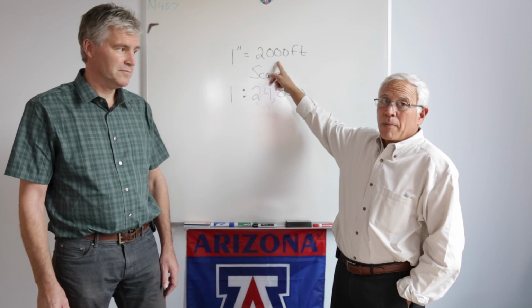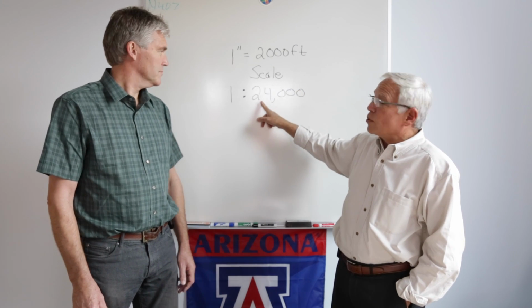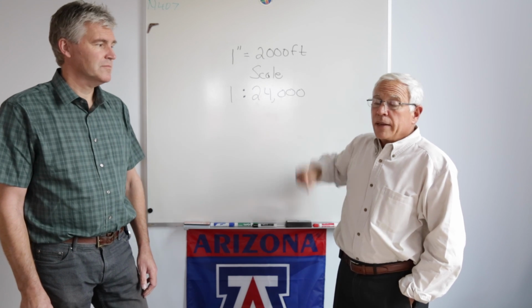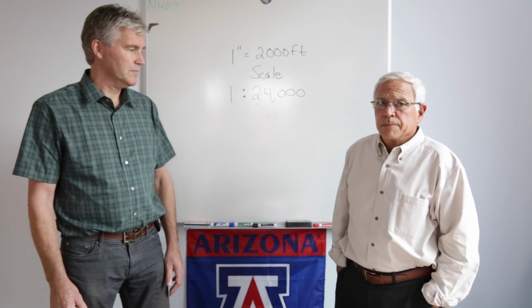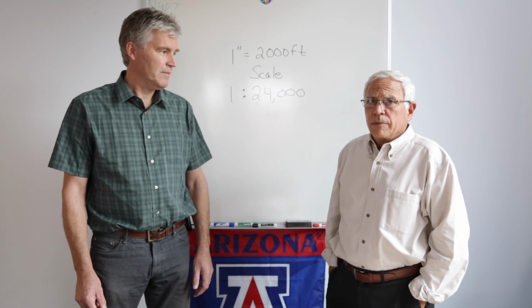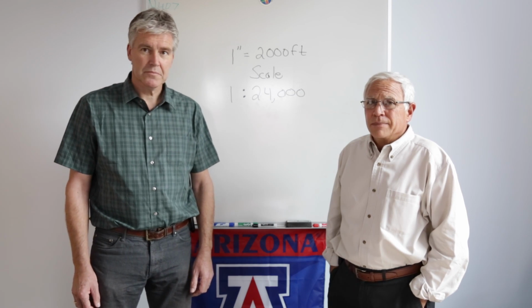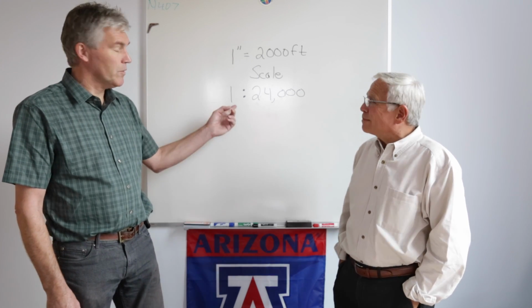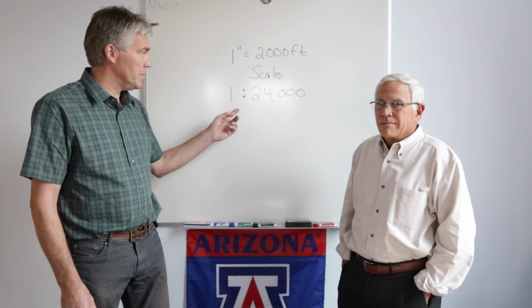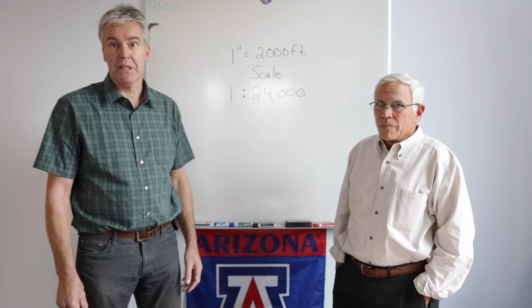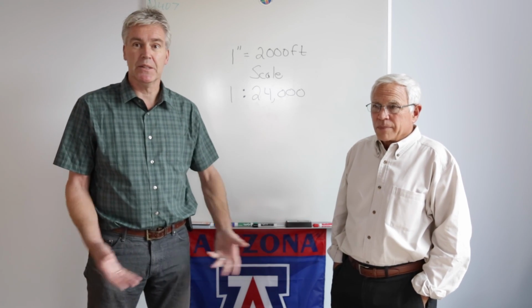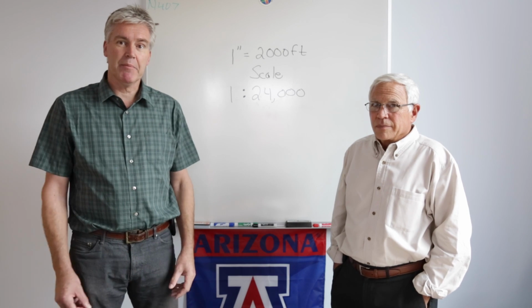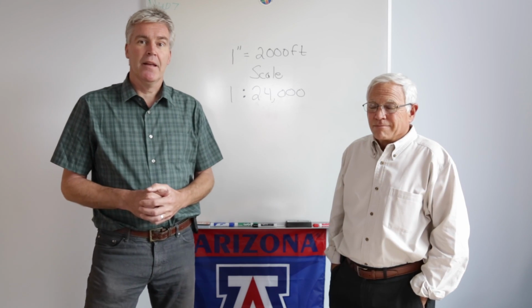This is a representative fraction scale of 1 to 24,000. So getting those kinds of things straight will be very useful as we move through the course. The other thing you could put in is meters, right? So 1 meter is 24,000 meters, or kilometers, or miles. As long as those units are the same, they basically mean the same thing.